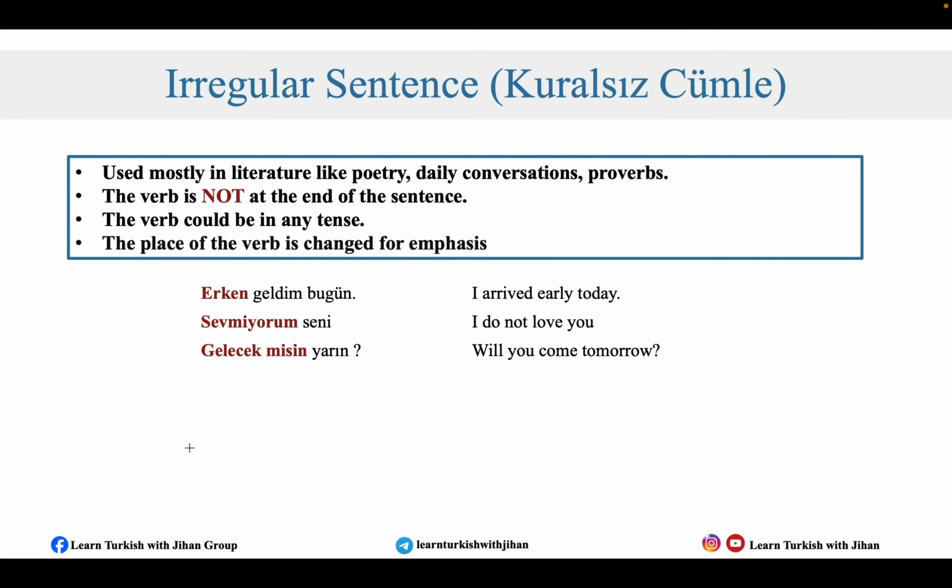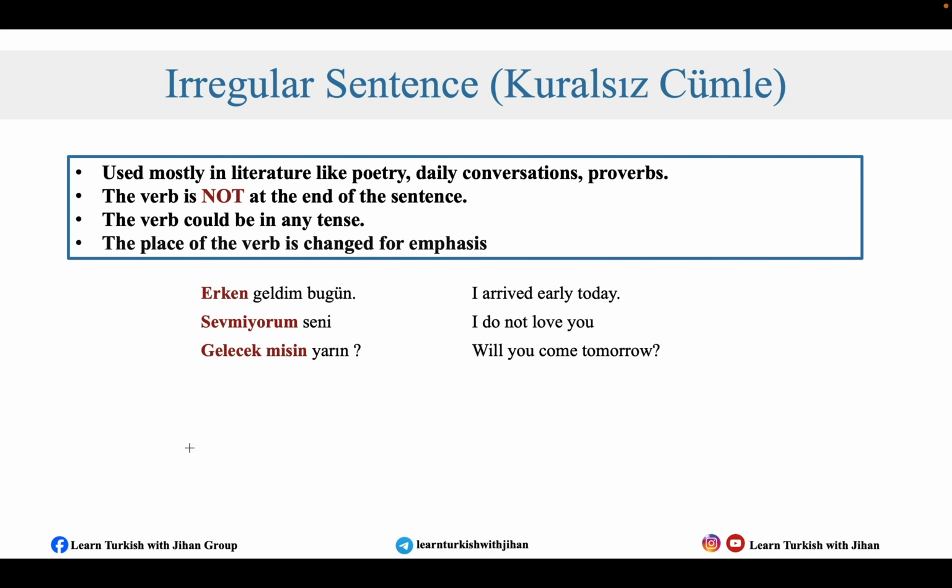So when you're studying from a book, we rarely find sentences that are irregular. These irregular sentences are used in daily conversations where they might put the verb at the beginning and so on. This sentence form is also used in literature, poetry, proverbs.